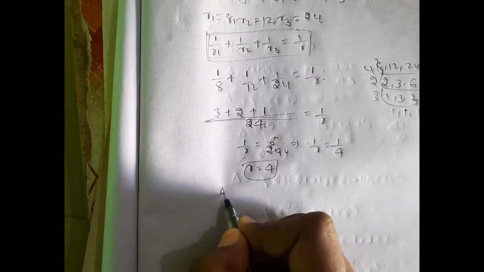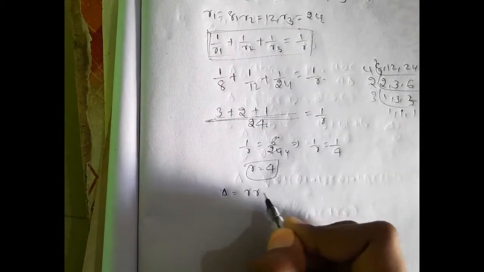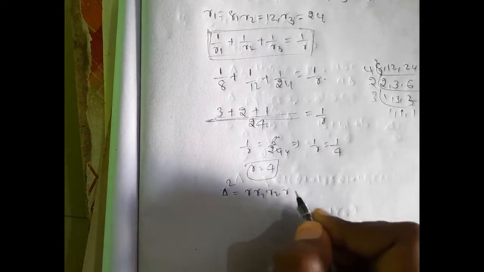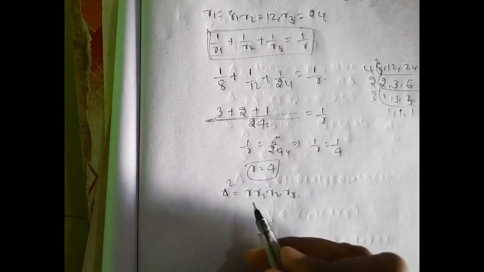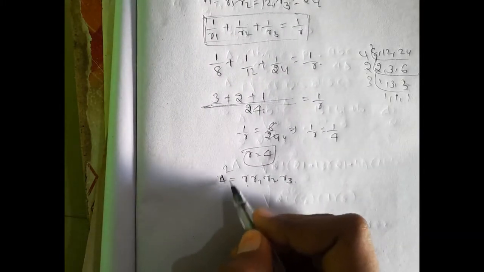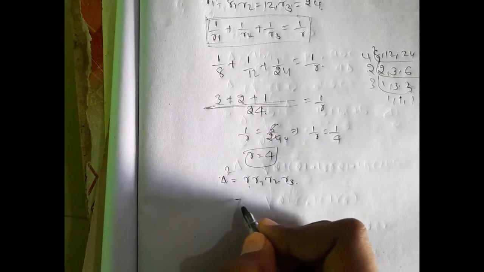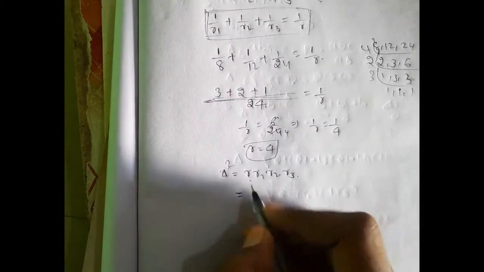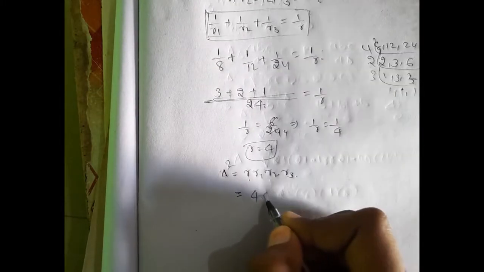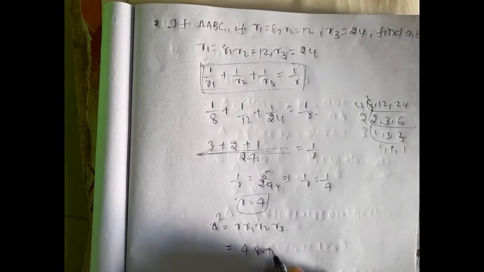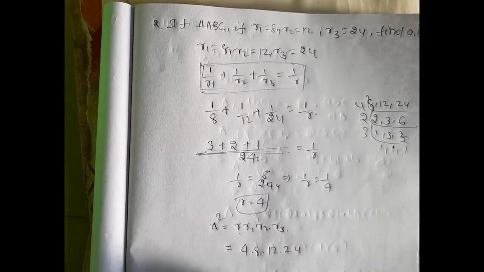Okay. So, we know that delta square equals R into R1 into R2 into R3. Because by knowing this, we can find S. By finding delta, we can find S. That's why we are finding this. So, now R is 4, R1 is 8, R2 is 12, R3 is 24.